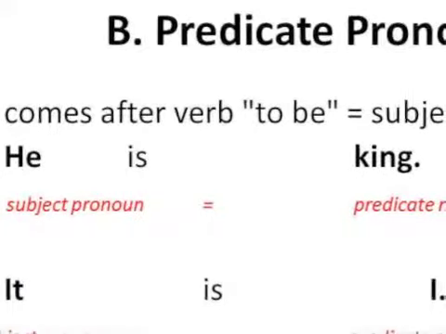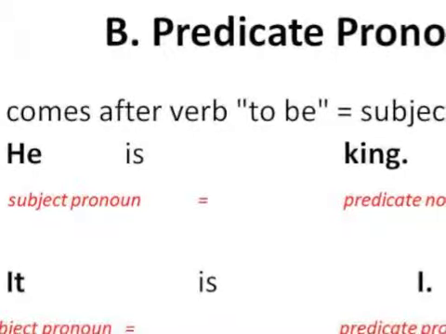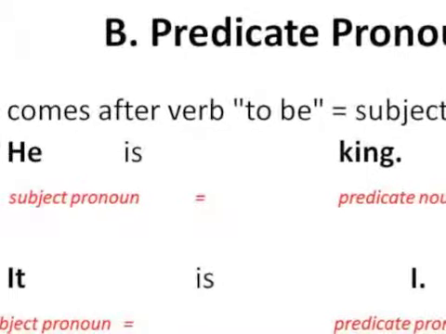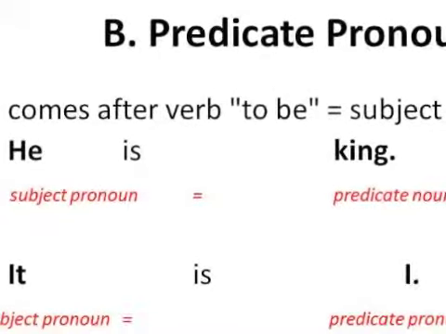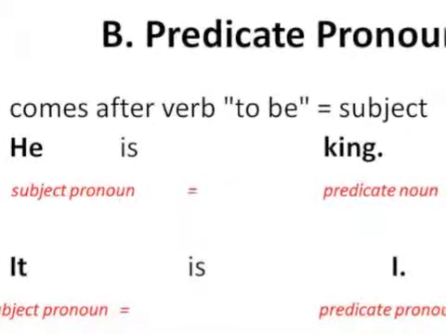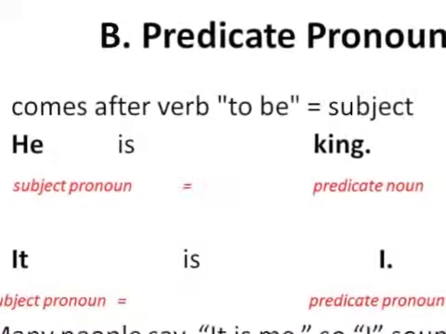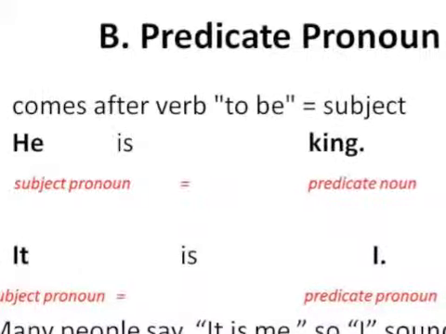A predicate pronoun is like an equation in math. The subject equals the noun or pronoun following it. So think of it like this. He is king: he is the subject, is the verb, and it equals king.